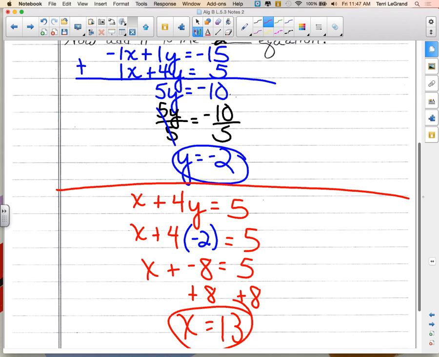I get 13 for x. Did anybody else? Okay, cool. So I'm feeling great because I'm trusting you guys that you are right, and I'm not going to do a check problem. I'm going to say the ordered pair is 13, -2. Okay.